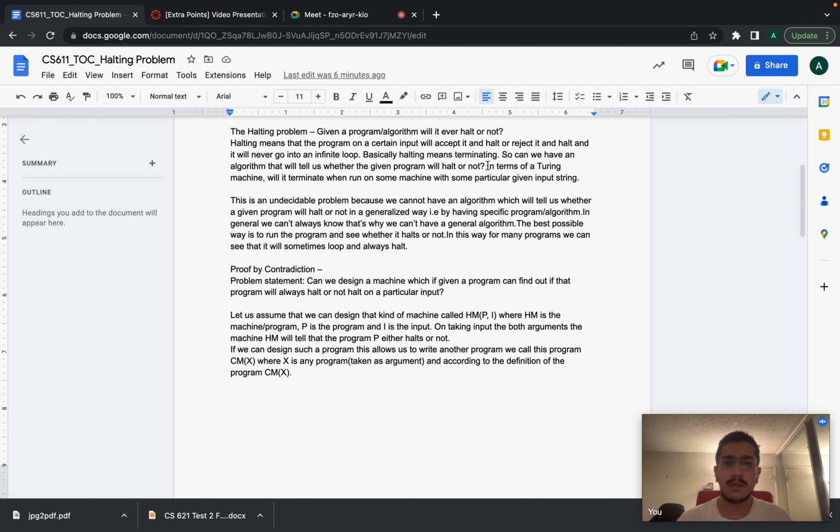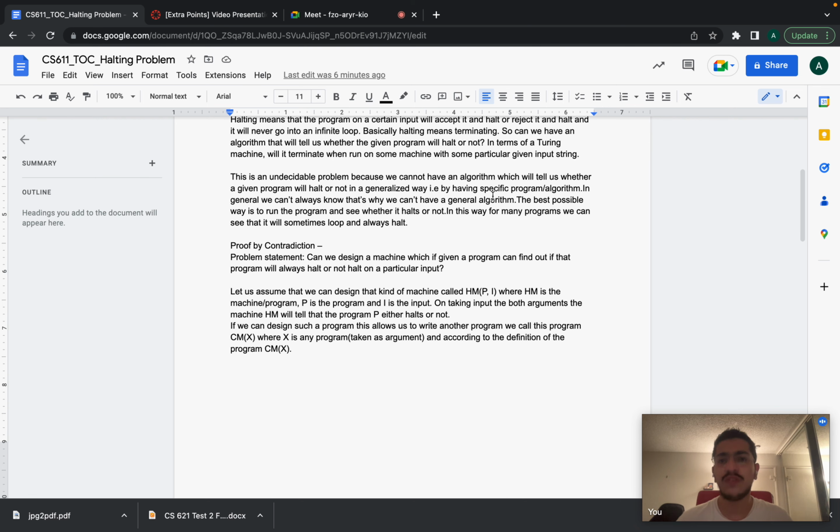Whether we can design an algorithm that tells us if the input we have given will go into an infinite loop, or will it stop. In terms of a Turing machine, will it terminate when run on some machine with some particular given input string?